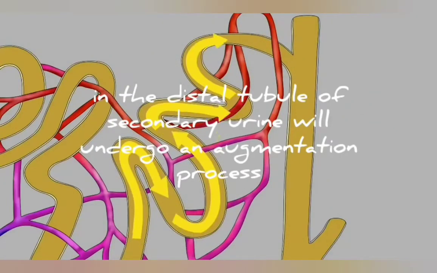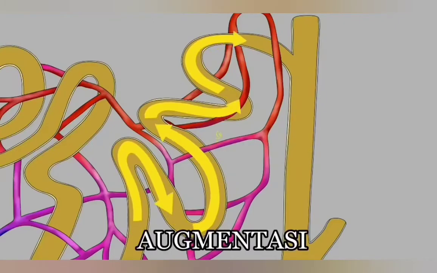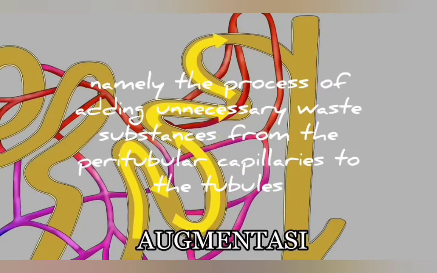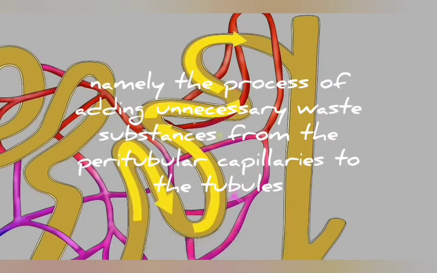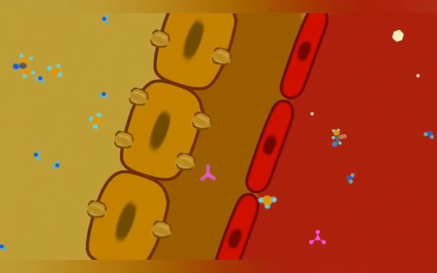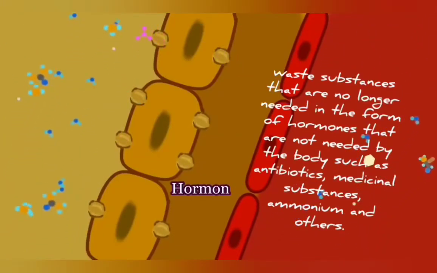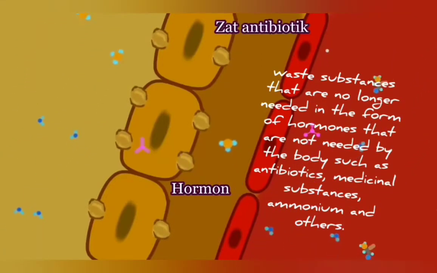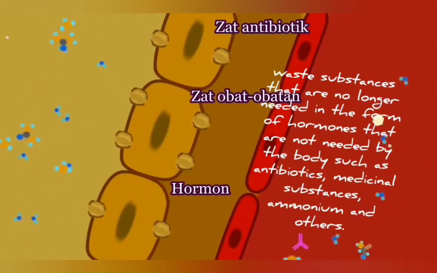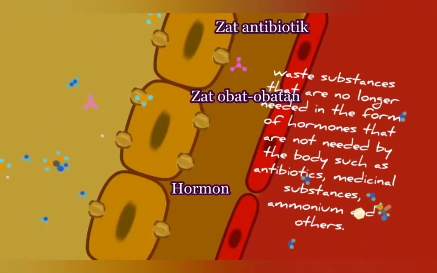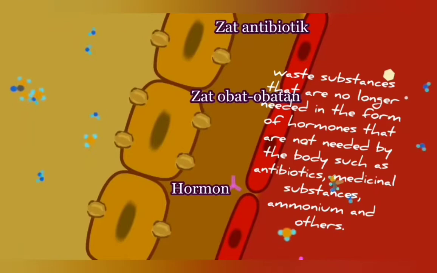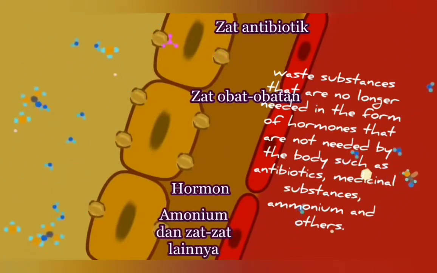In the distal tubule, the secondary urine will undergo an augmentation process, namely the process of adding unnecessary waste substances from the peritubular capillary to the tubule. Waste substances that are no longer needed are such as hormones not needed by the body, antibiotics, medical substances, ammonium, and others.